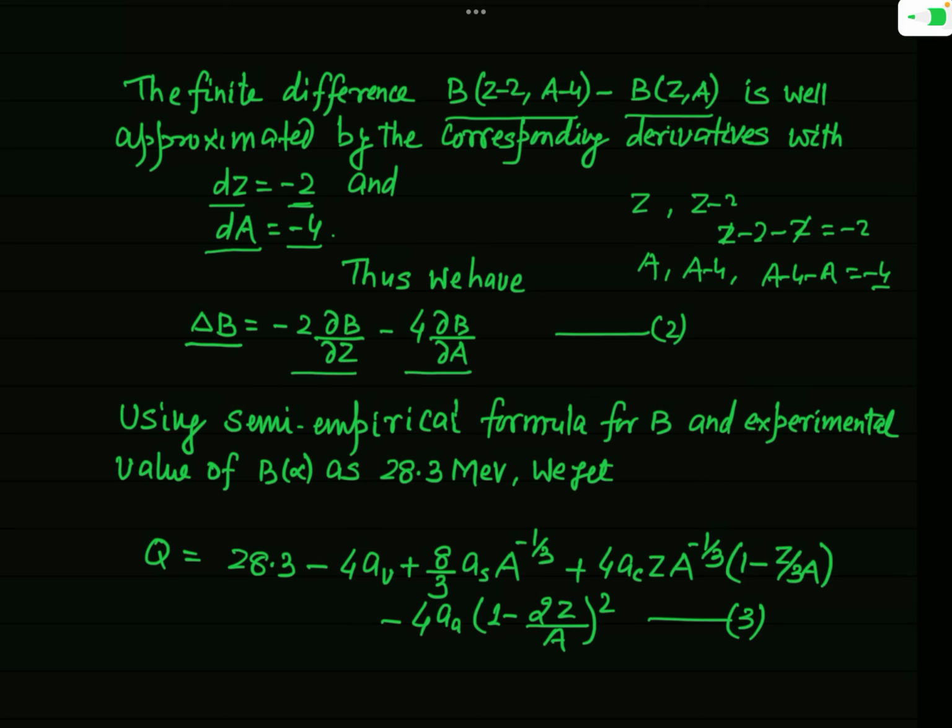Now the experiment says that the binding energy of the alpha particle is 28.3 mega electron volt. You can calculate it. When we apply the semi-empirical mass formula, which you have studied, I have written it here directly. So using the expression for the semi-empirical mass formula, what will the Q value of the process be?